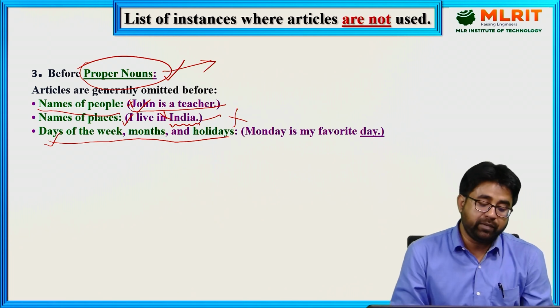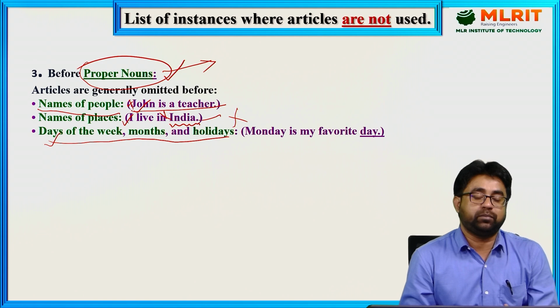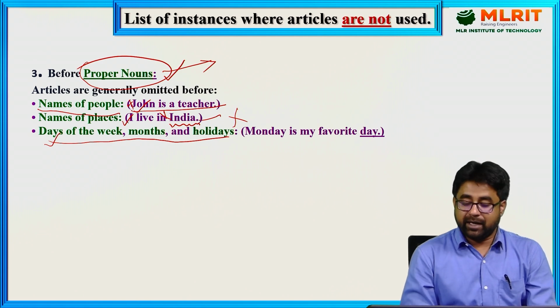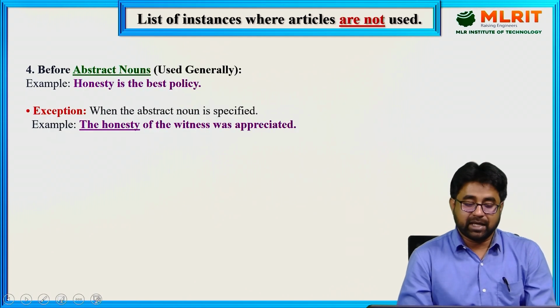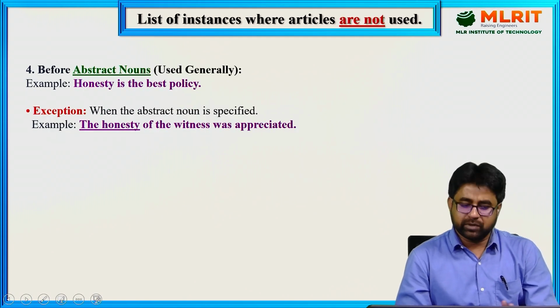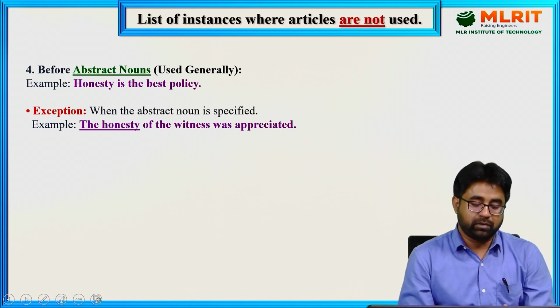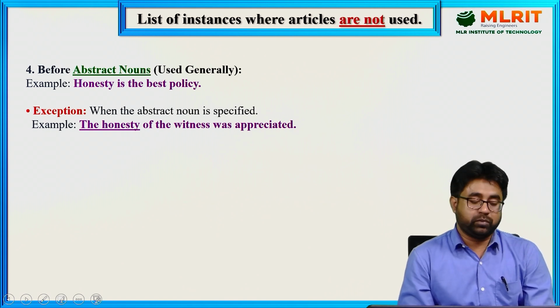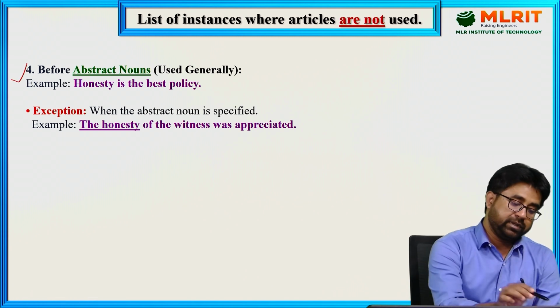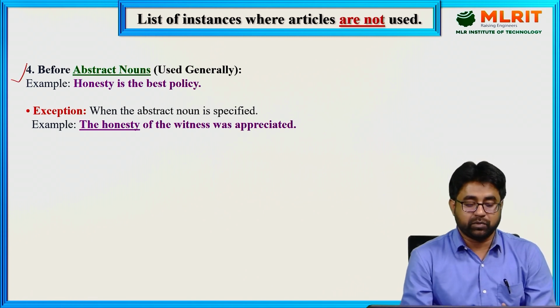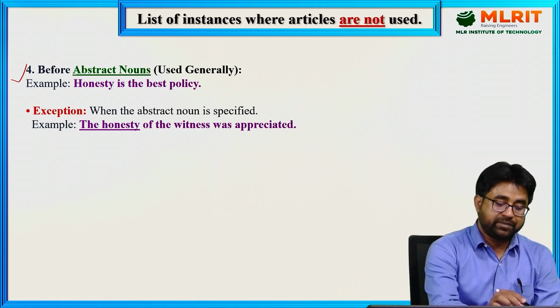The third point: before a proper noun, we are not supposed to use any article. Now let's move to the next slide. The fourth instance. We have already discussed three particular instances where we are not supposed to use any article. Now let's come to the next instance. Before an abstract noun.